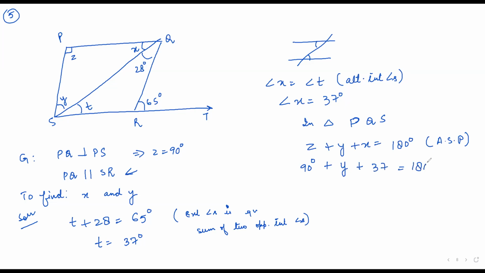So Y plus 127, since 90 plus 37 is 127, is equal to 180 degrees. And Y is equal to how much? 180 minus 127, 53. 53 degrees. So I have got Y as 53 and X as 37. These are the two.